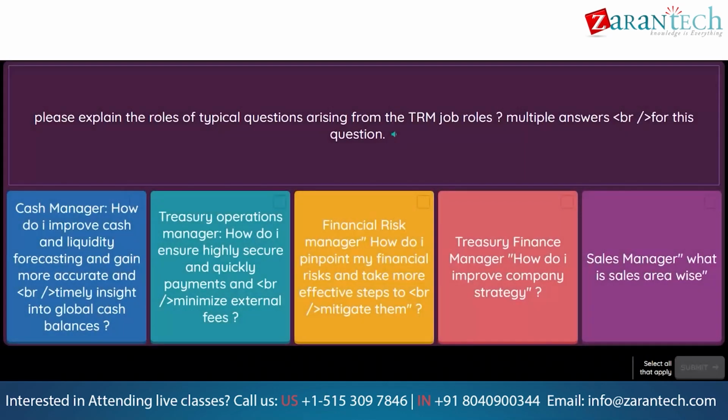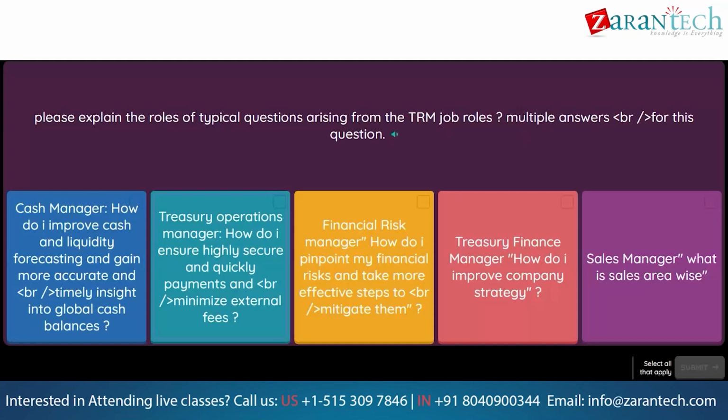Question, please explain the roles of typical questions arising from the TRM job roles. Multiple answers for this question. Option 1 Cash Manager, how do I improve cash and liquidity forecasting and gain more accurate and timely insight into global cash balances?